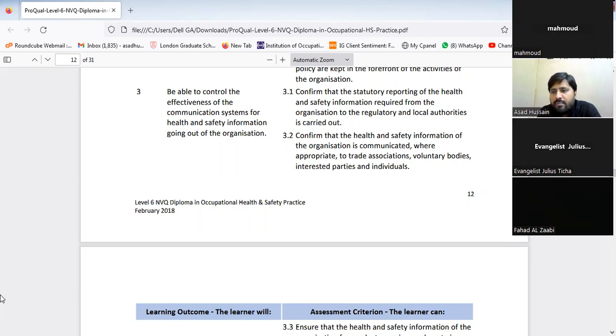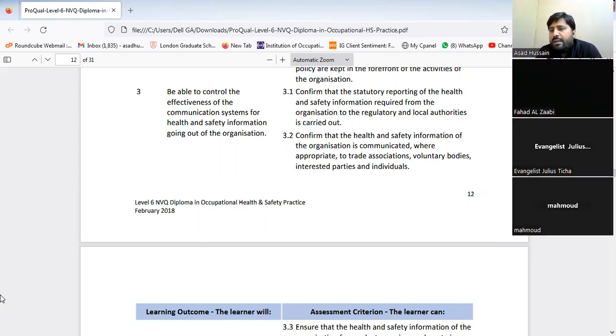Can I use this? You can absolutely use it, because when it comes to the regulatory or local authorities, we are not reporting to them on a daily, weekly or monthly basis. It is quarterly, 6 monthly, biannually or annually. So we will consider that.